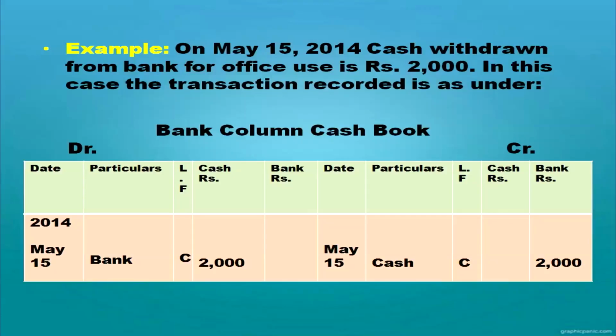On the credit side, 'By cash', the amount will be written in the bank column. And on the debit side, 'To bank', the amount will be written in the cash column. On both sides in the ledger folio column, we will write C representing the contra entries.